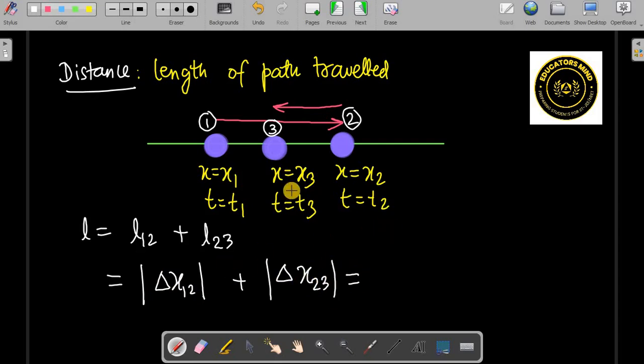Displacement 1 to 2 can be written as x2 minus x1, and similarly, keeping magnitude, 2 to 3 as x3 minus x2. Although one of them can come out negative, you are taking the magnitude, so they get added. Because it's a straight line, we can write displacement like that. But if it's a curved path or other case, then you have to think in a different manner. That was distance and displacement. Now let's go next.